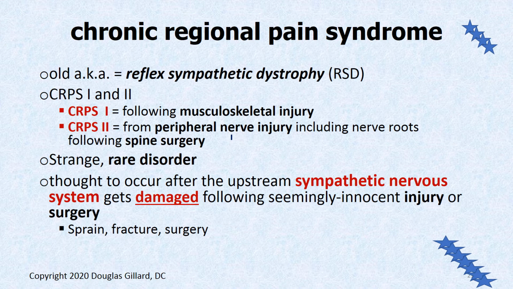But they also wake up with some weird symptoms. Usually there's a delay though. You get the nerve injury and this weird CRPS doesn't start for maybe 6 weeks or so after the injury. It's a very strange disorder, and it's thought to be caused by sympathetic nerves being damaged within the nerve that's damaged.